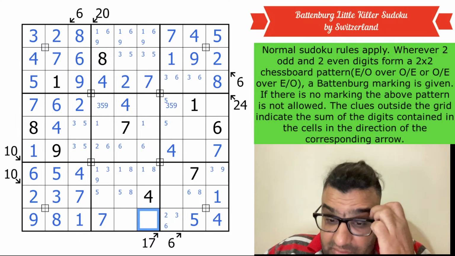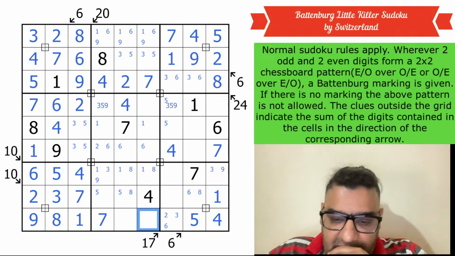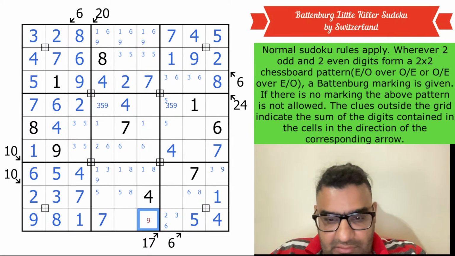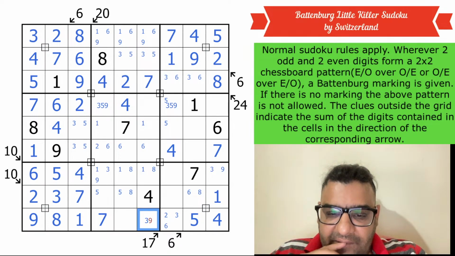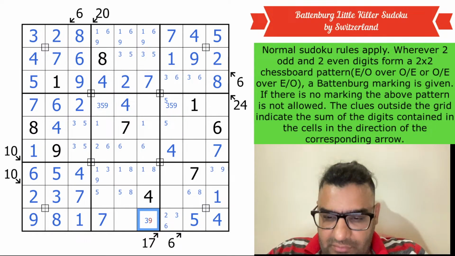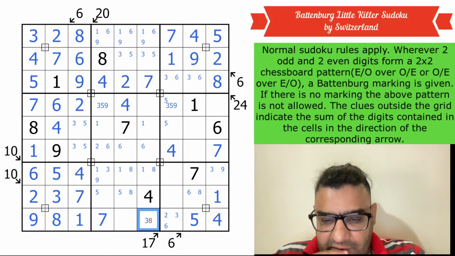So I have to write that again. It can be 9, 3, 12, and 5. 5 cannot be there. So it is not 9. It is 3 and 8. 8 and 3, 11 and 6.